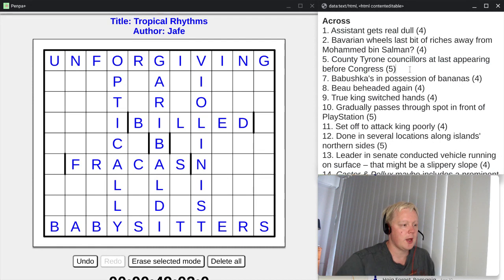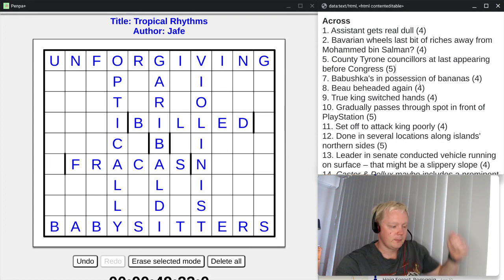So, County Tyrone councillors at last appearing before Congress. County Tyrone is in Ireland, but that is irrelevant because these are not a unit. We're going to be looking for the name of a county.